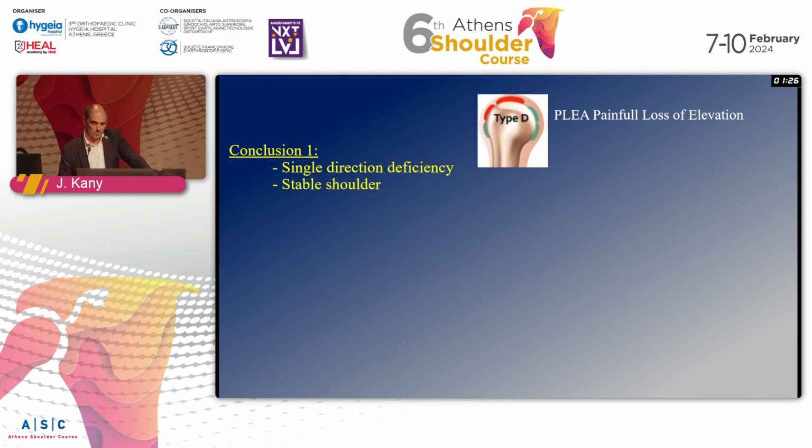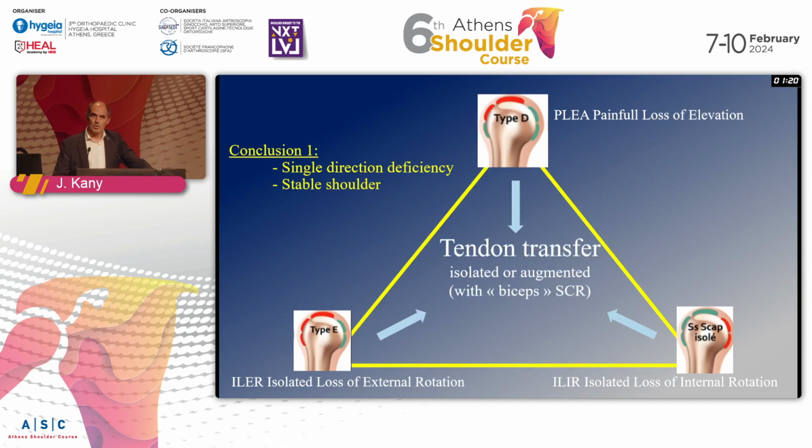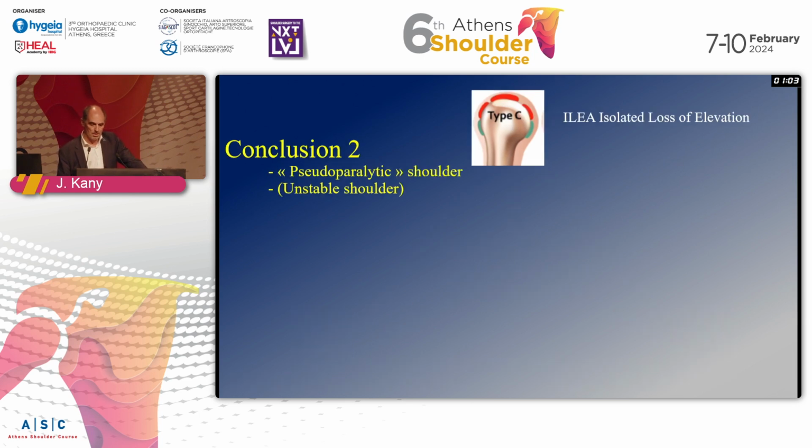So for conclusion, there are three situations where the tendon transfer can be done. You have only one deficit direction, and the shoulder is not unstable. And this is the field of the tendon transfer, and you know, when I use the biceps to stabilize the vertical imbalance of the shoulder, and the tendon transfer to restore the horizontal imbalance.